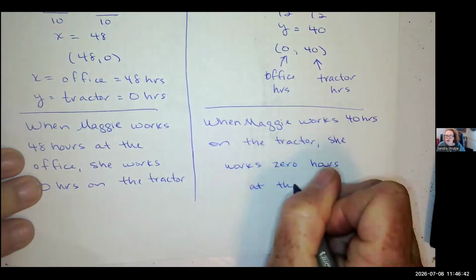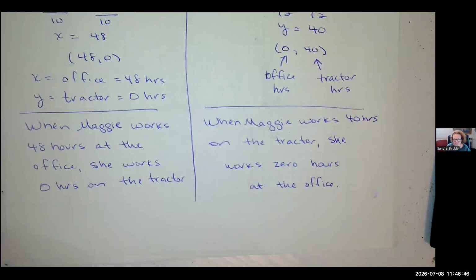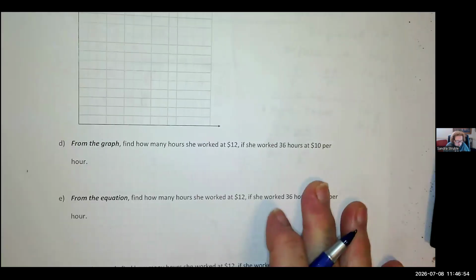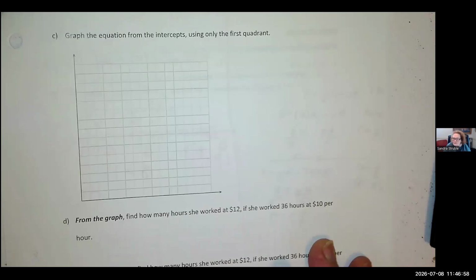Now, these are just intercepts. These are not a representation of what she actually does. Understand that. So in the next part, it says graph each equation from the intercepts using only the first quadrant. And it has to only be the first quadrant because you can't work a negative number of hours.